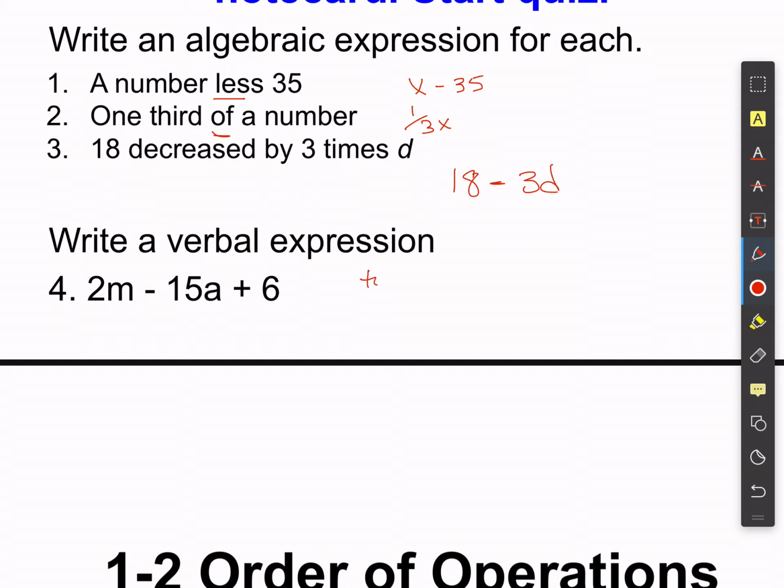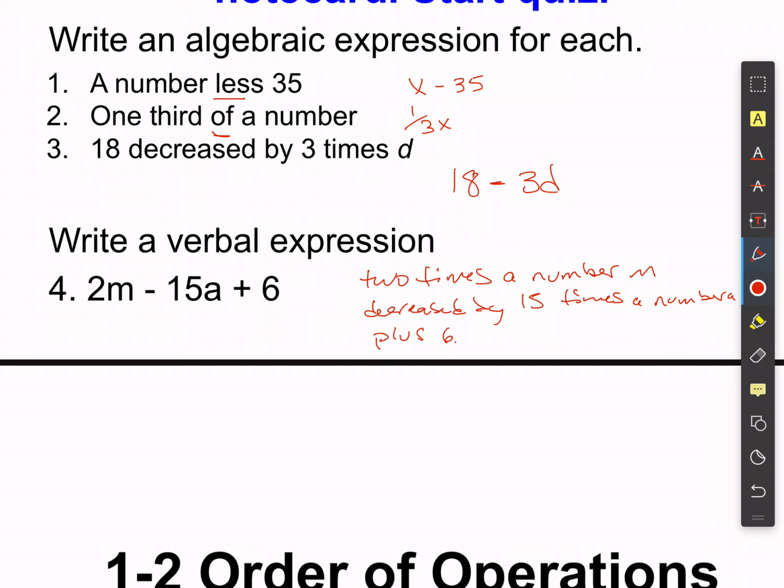So you could say 2 times a number, m, decreased by 15 times a number a, plus 6. Okay, there's no way to misinterpret that, so that works. That's like one of many ways you could do this one, so I'll just look at your answers there.